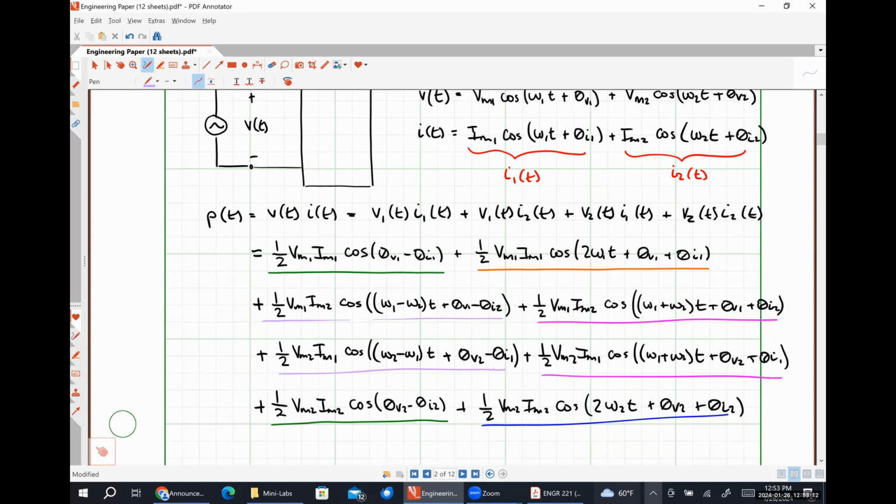excitation frequency. So in a system containing only 2 frequencies, we wind up having power oscillating at 5 different frequencies, right? If I had done a 3 frequency system, we would have wound up with 9 because it winds up being 2n plus 1 frequencies in our system.